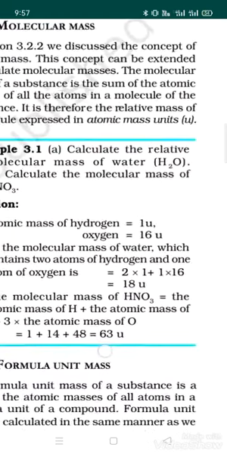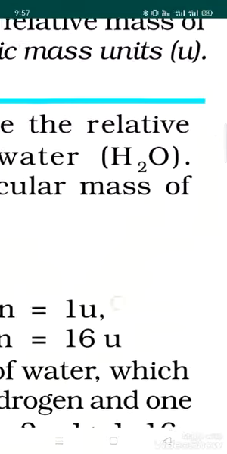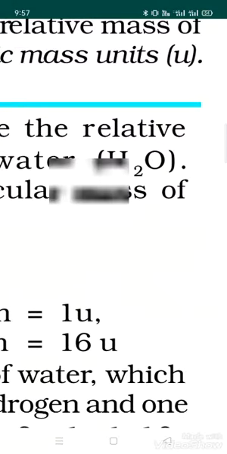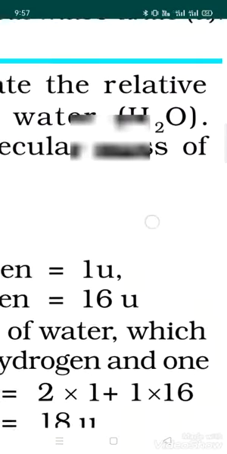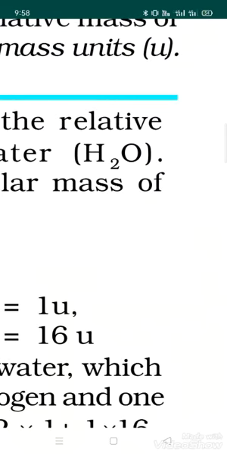Like if you have one water molecule, here you can see two atoms of hydrogen and one atom of oxygen. Means two atoms of hydrogen and one atom of oxygen combine to form an H2O molecule.